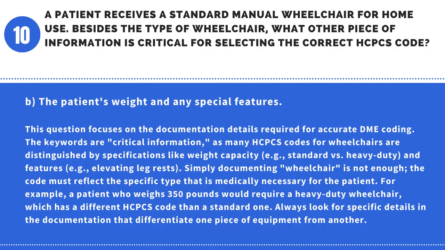The code must reflect the specific type that is medically necessary for the patient. For example, a patient who weighs 350 pounds would require a heavy-duty wheelchair, which has a different HCPCS code than a standard one. Always look for specific details in the documentation that differentiate one piece of equipment from another.